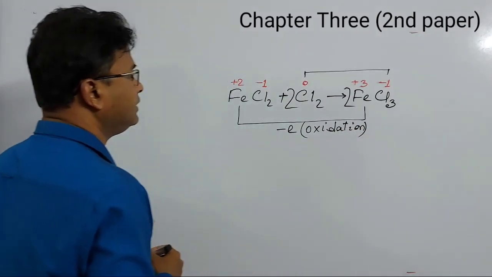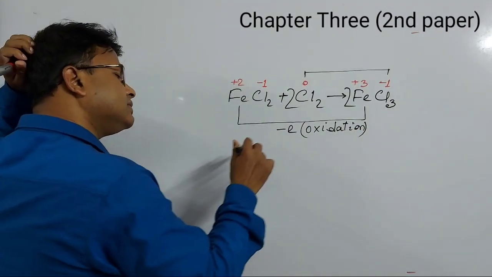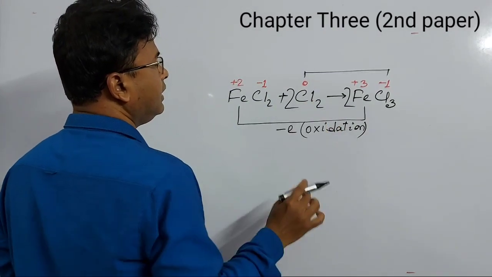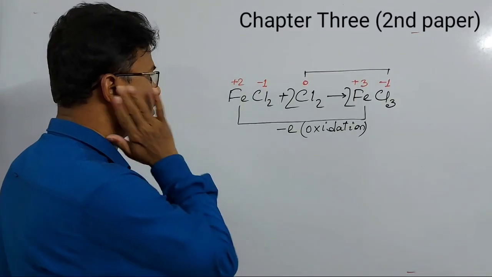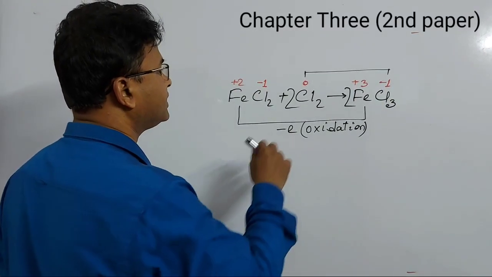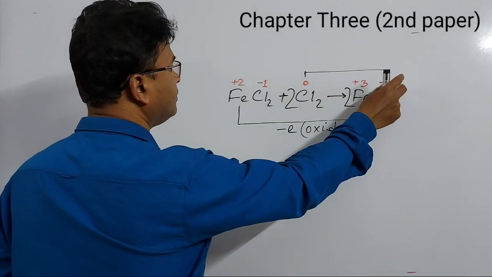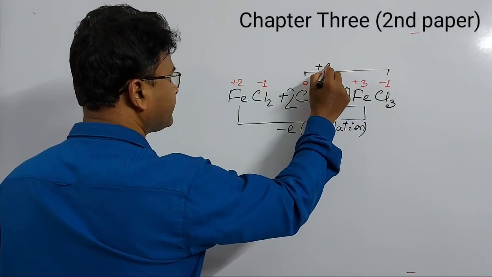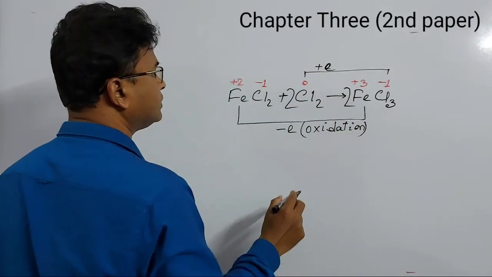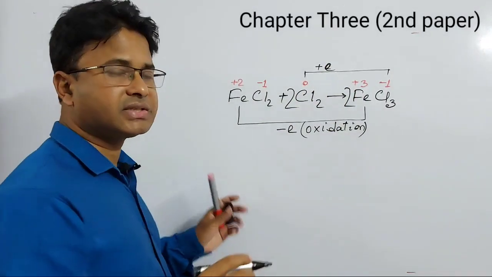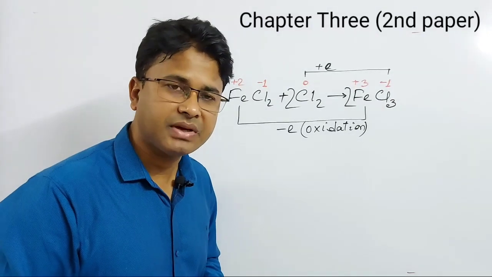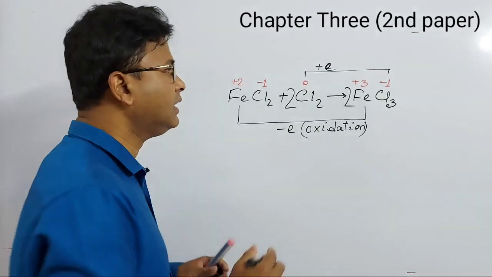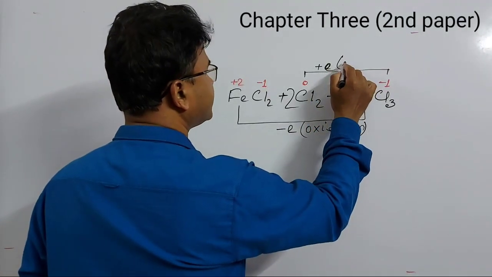And again, the released electrons are accepted by chlorine, and the oxidation number of chlorine is decreased from 0 to -1 by accepting one electron. And students, you all know that the reaction in which electron is accepted by a reactant is called reduction reaction. So here reduction reaction takes part.